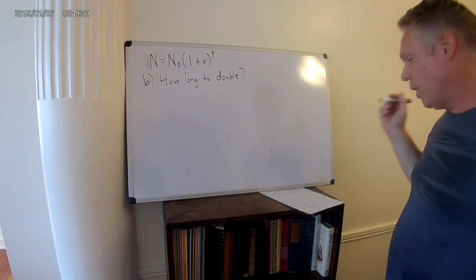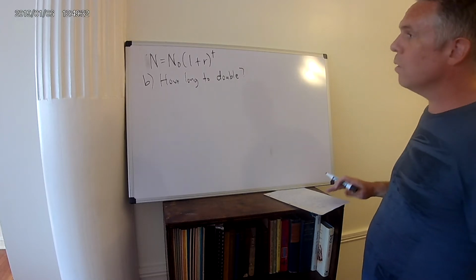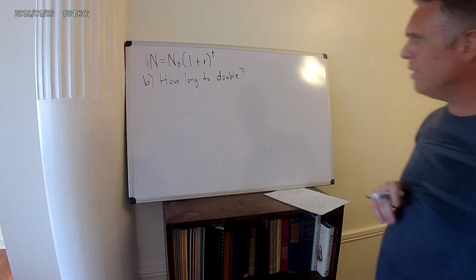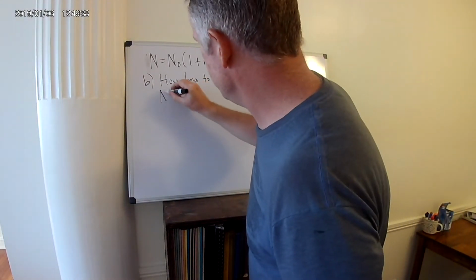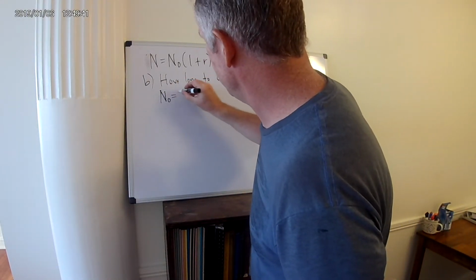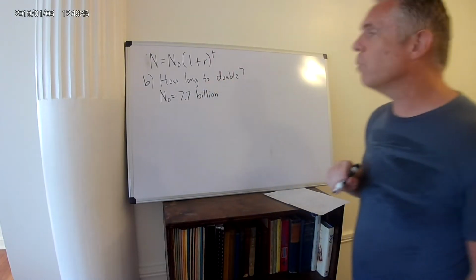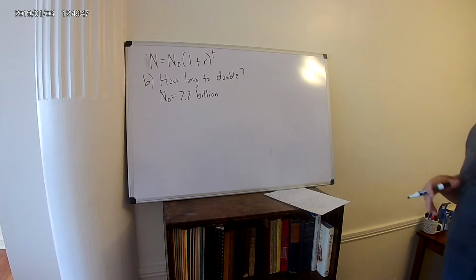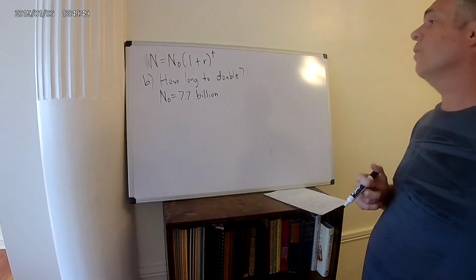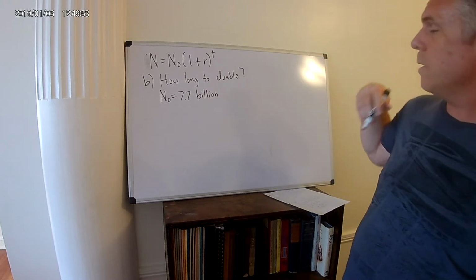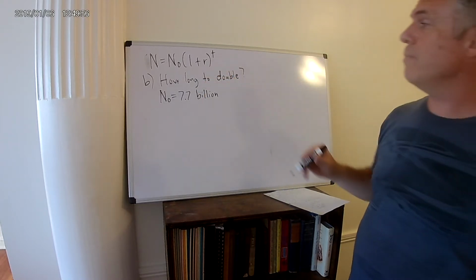Okay, so here's how we'll do this problem. We're going to start with this equation. Now, in this case, we know our initial population, or our population in 2019, is 7.7 billion, right? We want to figure out how long it takes to double. Well, if the population doubles, that means that the population will be 2 times this amount.